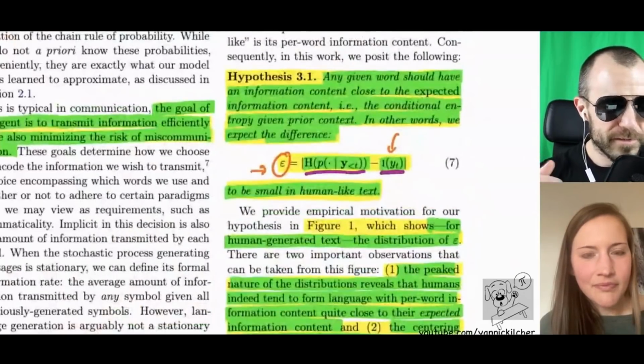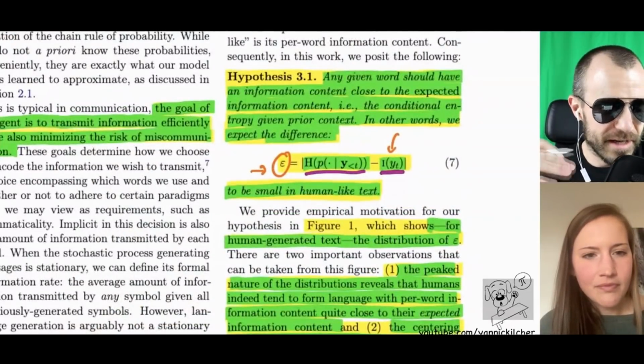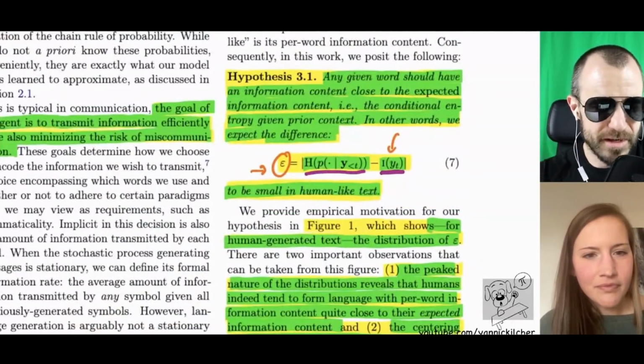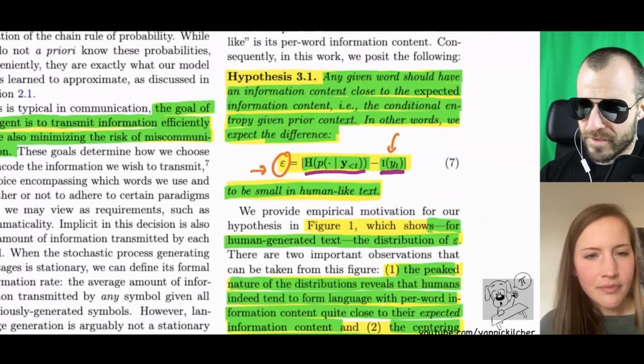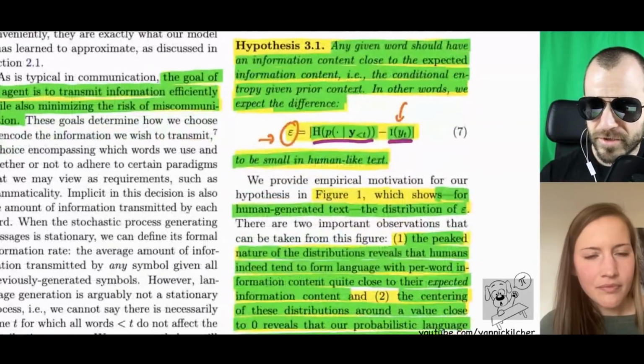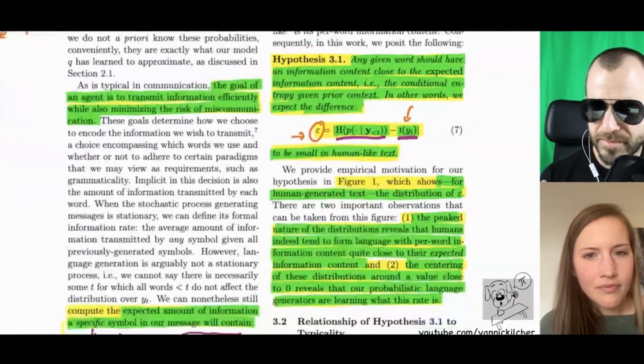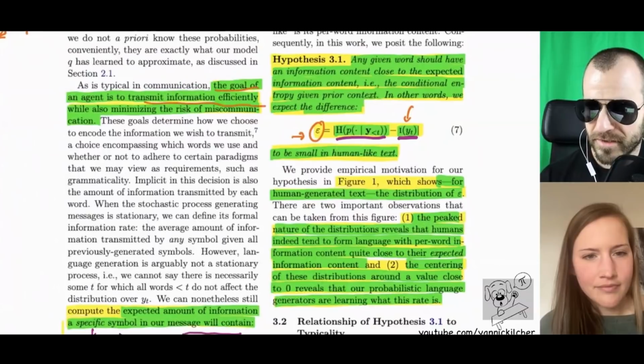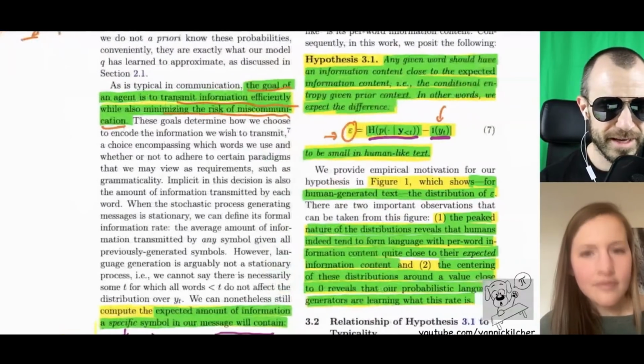So when we think about how humans communicate, let's assume for a moment what you say in your hypothesis here, that any given word should have an information content close to the expected information content, i.e. the conditional entropy given prior context. In other words, we expect this difference to be small in human-like text.